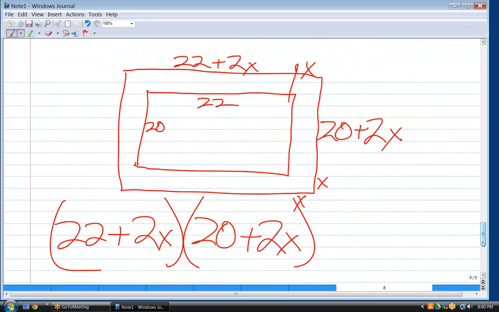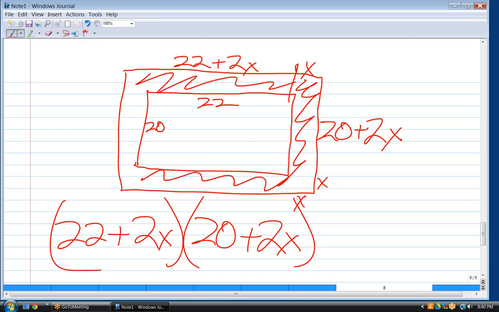Now, it's worth noticing that when they say the combined area of the frame and the picture, that's the area of the outside rectangle. Do you see why? The frame is actually just the outside. If I remove the picture, I'm going to find a big hole in the frame.